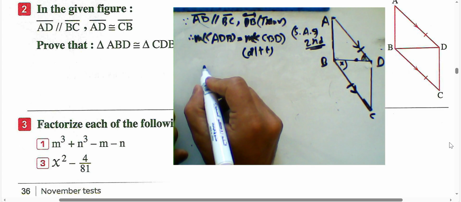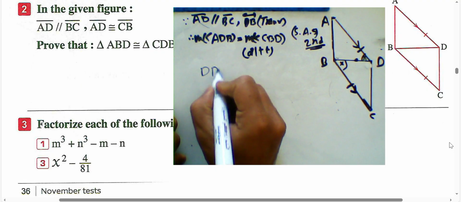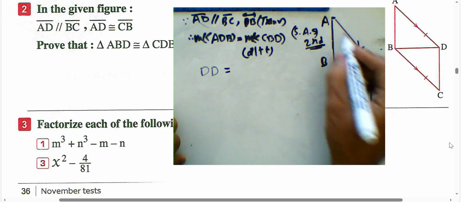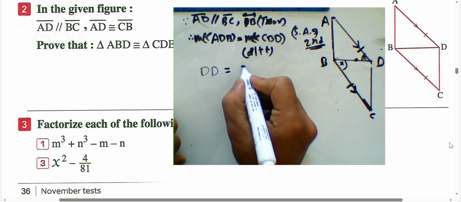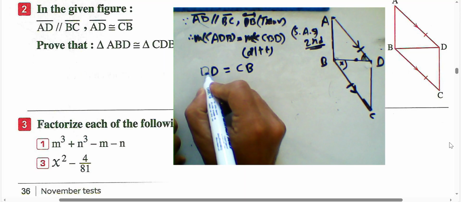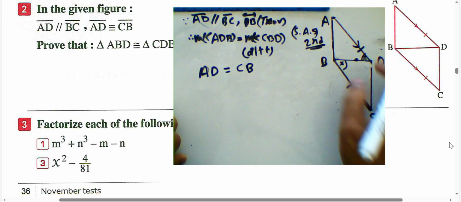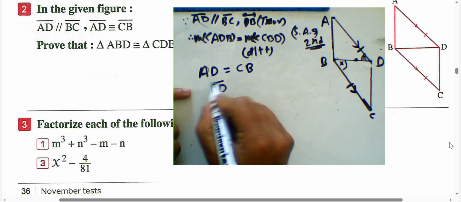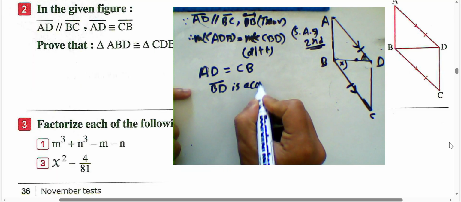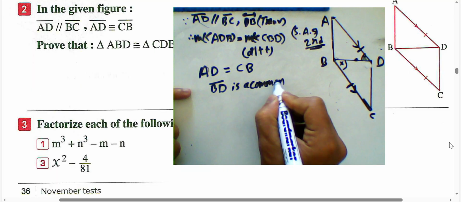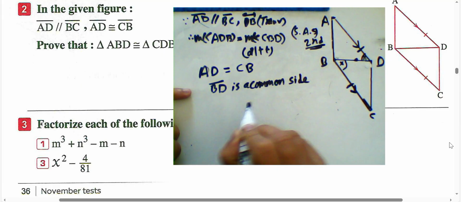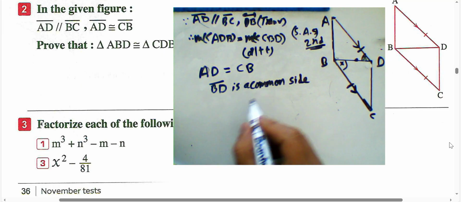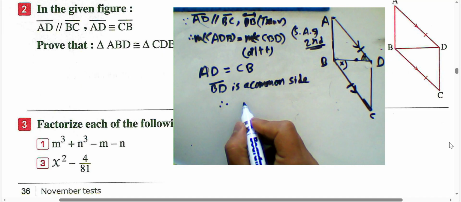Okay, and such that AD, he gives me AD equal to line segment CB, and BD is a common side between them, it is a common side. Then the two triangles will be congruent.